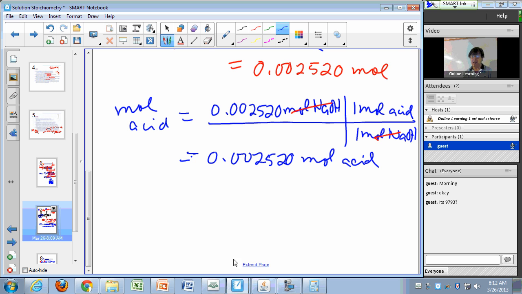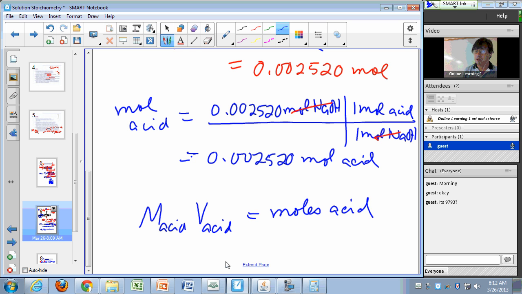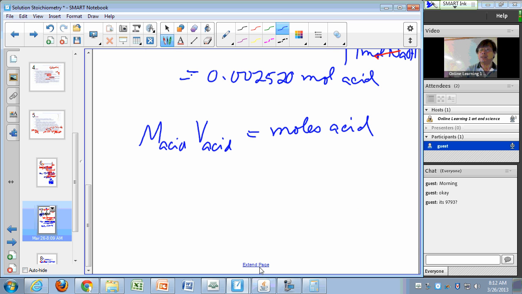Then you're going to say, all right, so molarity of the acid times the volume of the acid is moles of the acid, right? Molarity times volume equals moles. So if I have, in this particular instance, I figured out the moles of acid, okay? And I'm given the molarity of the acid, so I can figure out what's the volume of the acid that was in there to begin with.